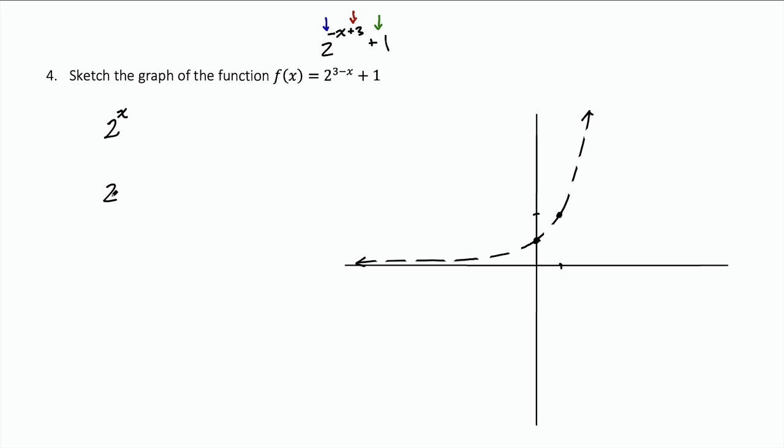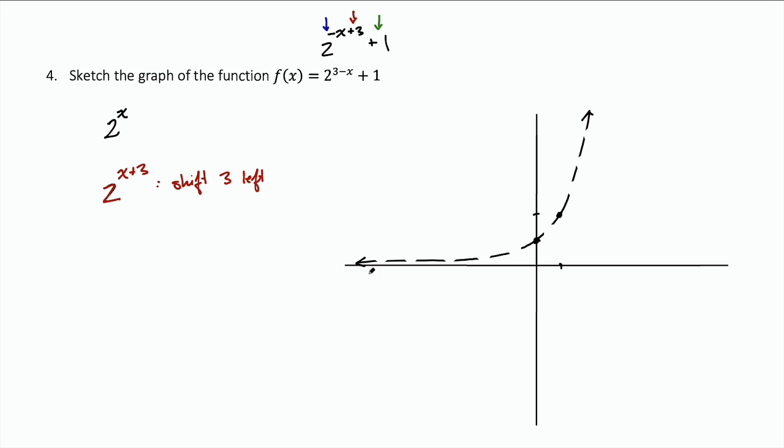So I'll go ahead and do it in red. We have 2 to the x plus 3. That is a horizontal shift. The plus 3 means that we're going 3 units to the left.